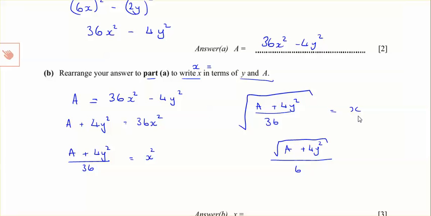Is it the square root of a plus 2y, like that? Or is it square root of a plus 2y? Is it either of them? No. It's neither of them, is it?